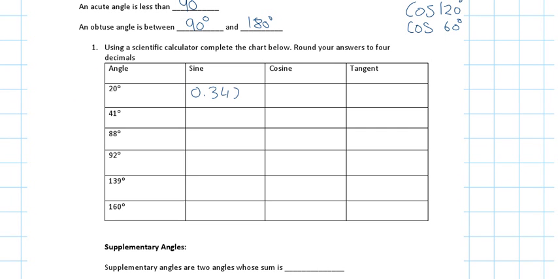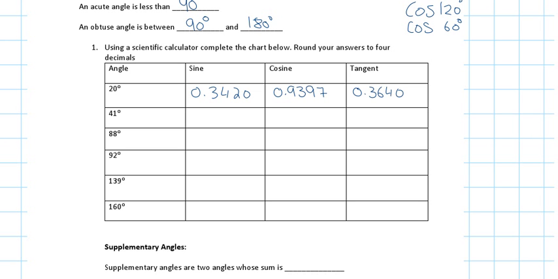Okay, and then cosine 20. Okay, tan 20. Yeah, so 0.3640.